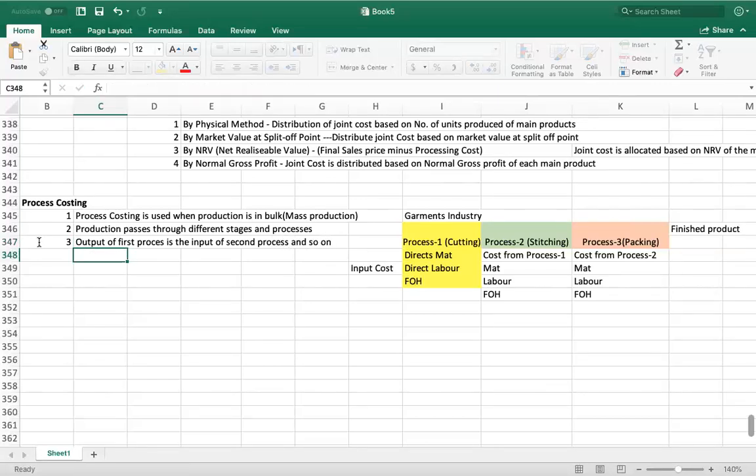Then the output of the last process, what will it become? The output of the last process becomes your finished product.